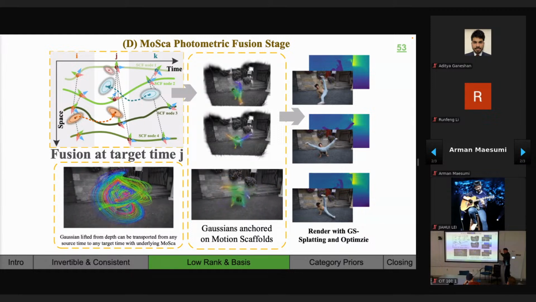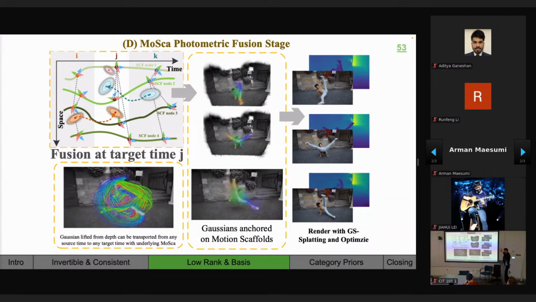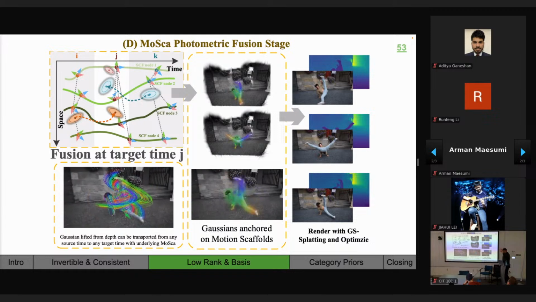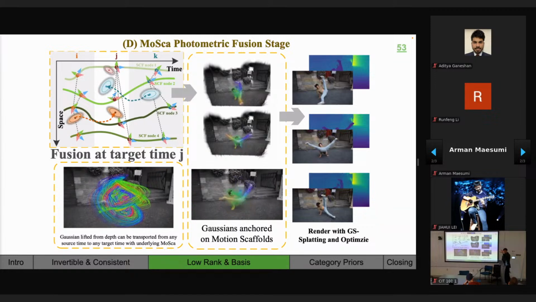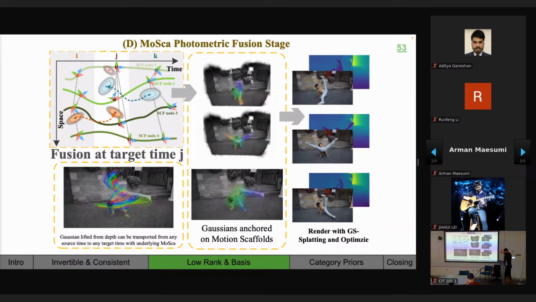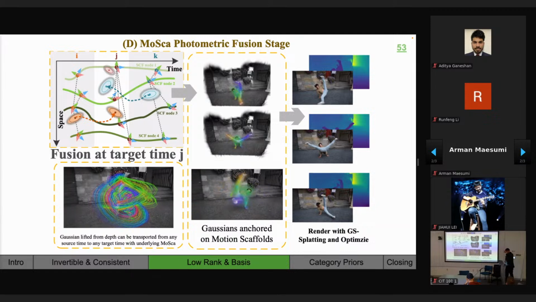By using the neighborhood of that node, you can do dual quaternion blend skinning. You can think of it as an advanced linear skinning. And by using the neighbor nodes' trajectories, you can blend a smooth curve for that Gaussian.